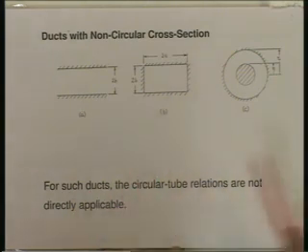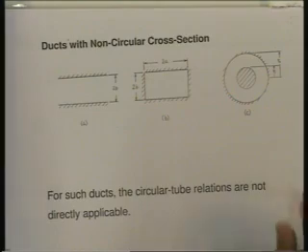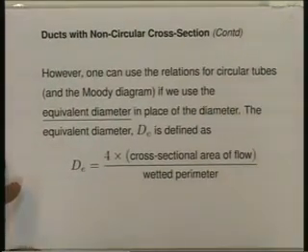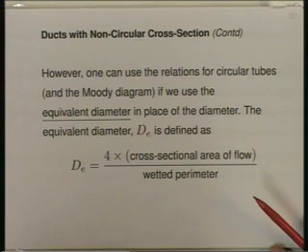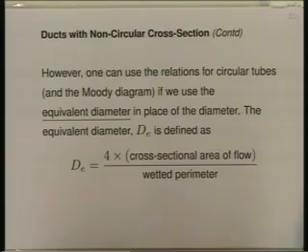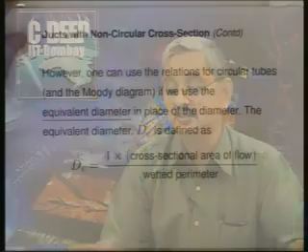Of course, for such ducts, circular tube relations are not directly applicable. And experimental data shows that in case of such ducts, one can use the relations for circular tubes, and hence one can use the information available in the Moody diagram, if we use the equivalent diameter in place of the diameter which occurs in the Reynolds number.